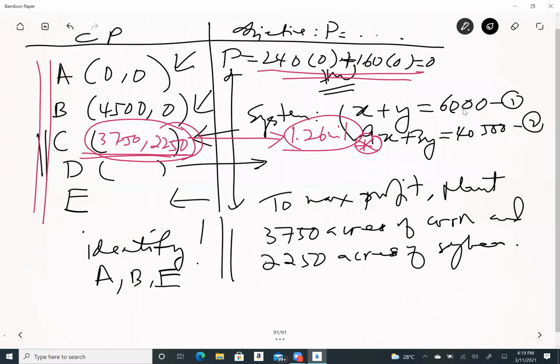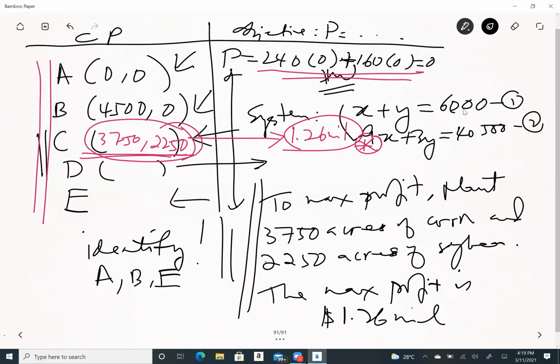And the maximum profit is $1.26 million. So our conclusion is to describe the maximum value and the point that gives you the maximum value.